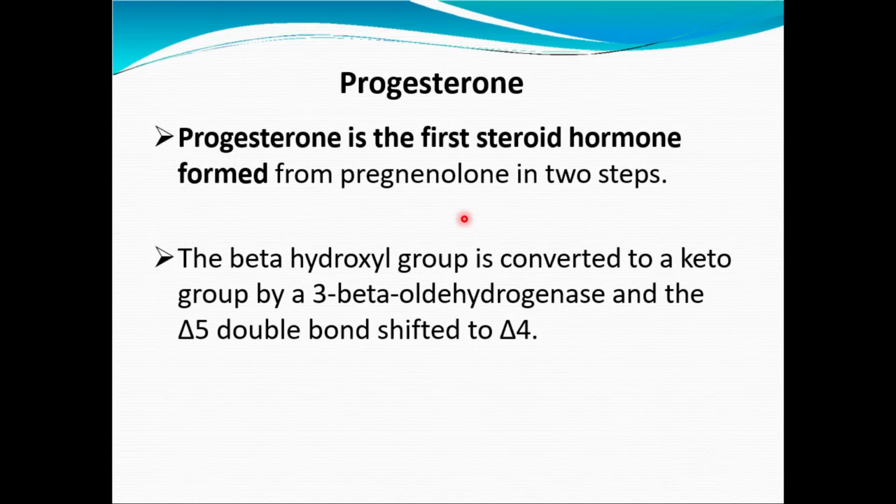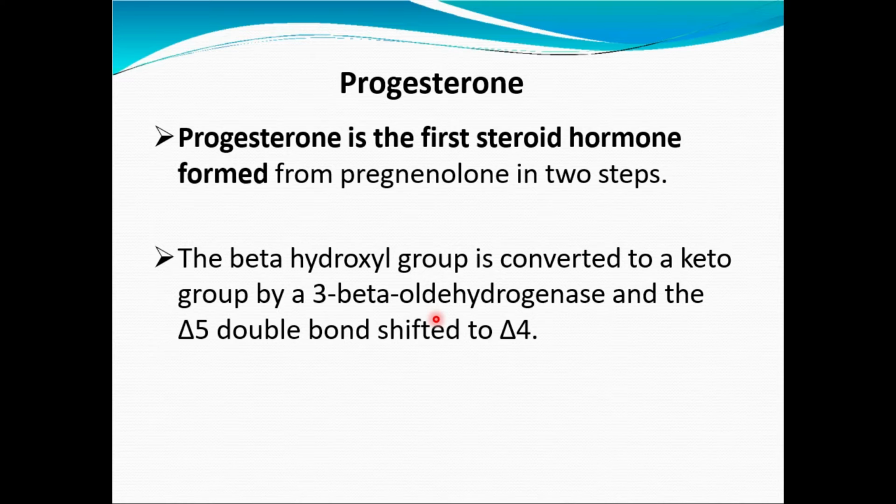Basically this process is a two-step reaction process. There are two reactions. In the first reaction, the beta hydroxyl group is converted to a keto group with the help of an enzyme known as 3 beta hydrogenase enzyme.